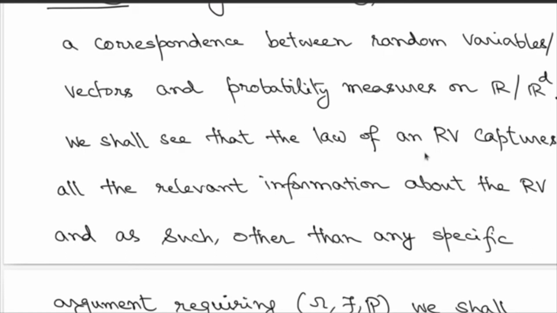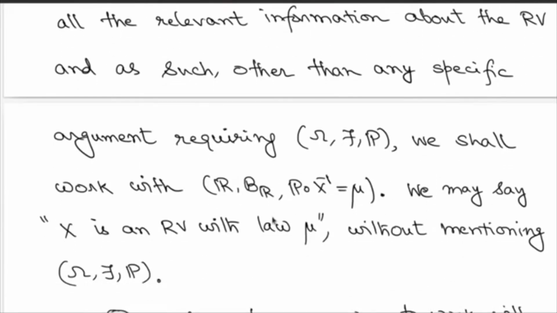Okay. So now in this correspondence between random variables and random vectors and the corresponding law, it so happens that the law becomes quite important. Alright. And since the law captures all the relevant information, what we can do is concentrate our attention purely on the law. So purely on the range side. Okay.